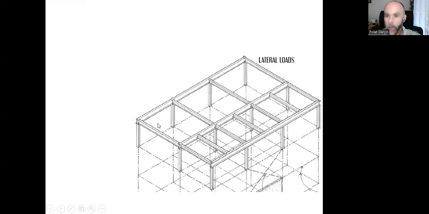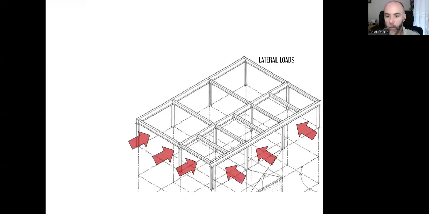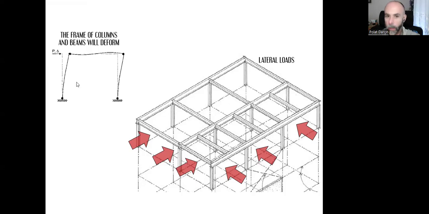Lateral loads, like wind or earthquake loads, can affect the structure horizontally. The frame of columns and beams can deform because of the lateral loads like this, and this is something that we don't want. It's different from reinforced concrete connections.